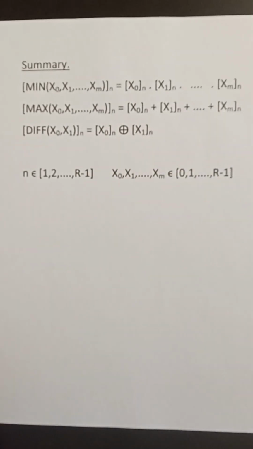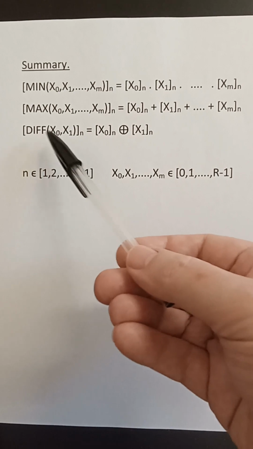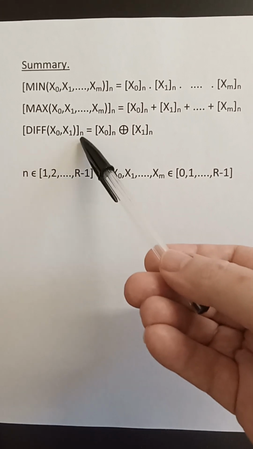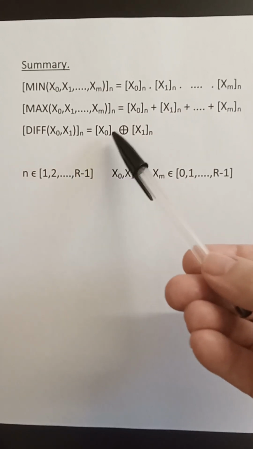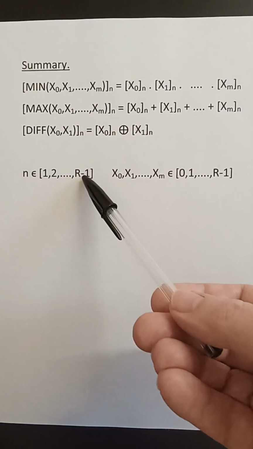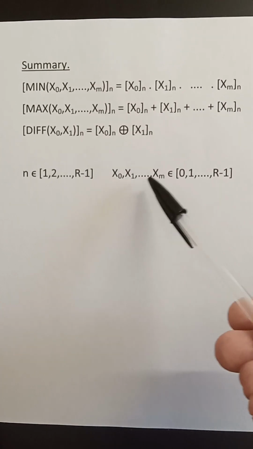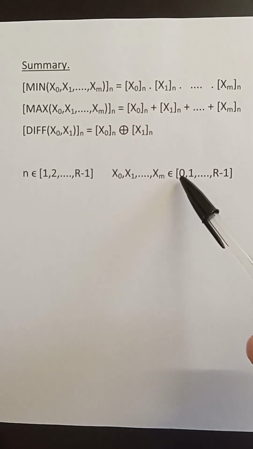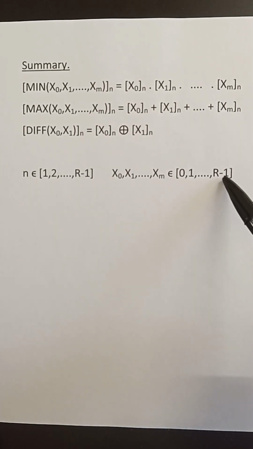And the difference of function, difference(x0, x1)^n equals x0^n exclusive or x1^n, where n equals 1, 2 to r minus 1, and x0, x1, xm are members of 0, 1 all the way to r minus 1.